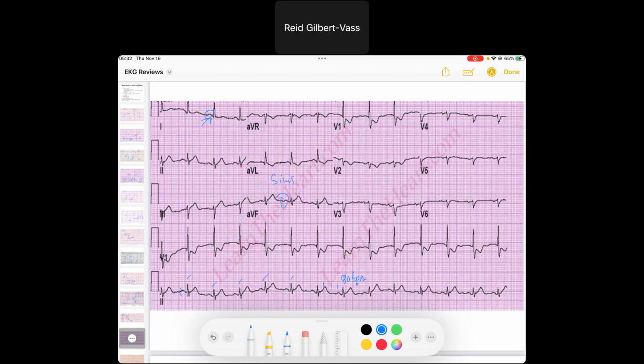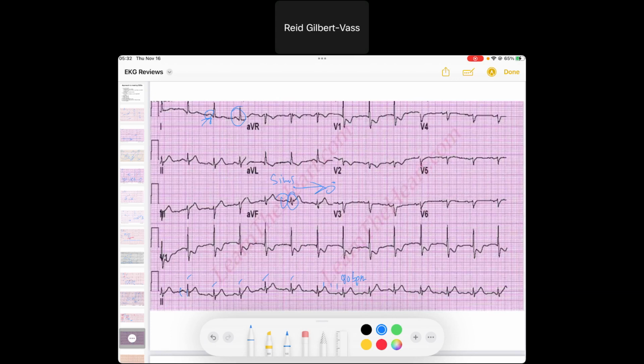We've got a narrow QRS, and the QRS is isoelectric in aVF. It's up in 1, so the axis of the QRS is right about 0, which would be normal. So let's say that axis is 0 degrees.